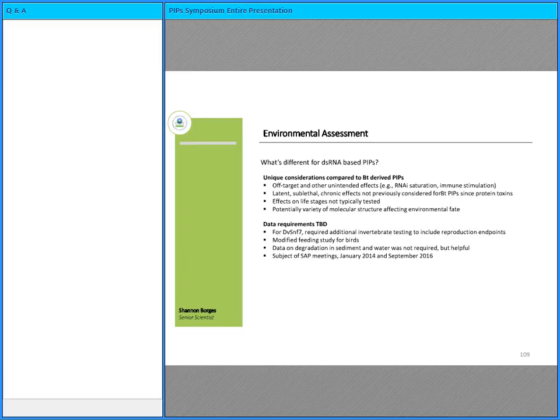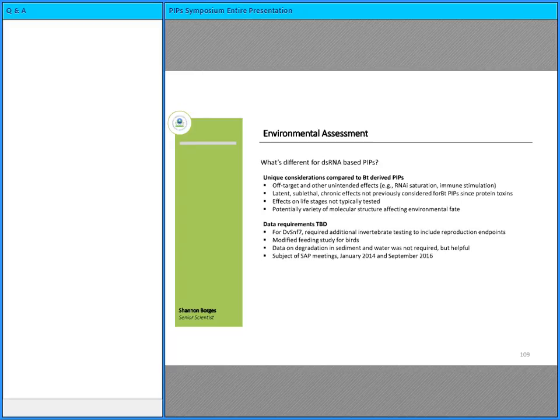However, we recently had a science advisory panel meeting for a DvSnf7 double-stranded RNA, and what we required for the risk assessment for that was some additional invertebrate testing to include reproduction endpoints for certain insects, and also a modified feeding study for birds.